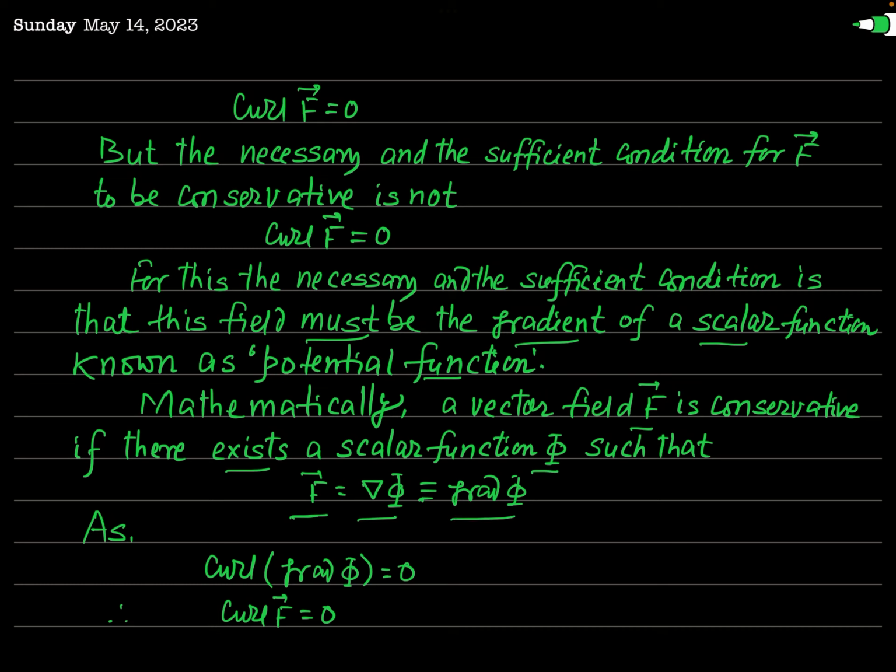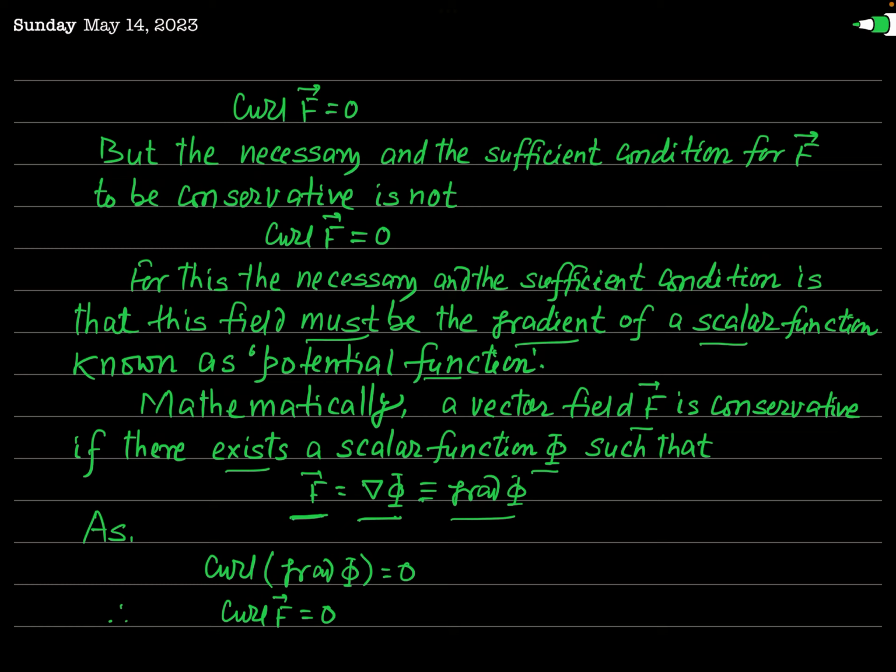It means a vector field f, if it can be expressed as a gradient of a scalar function or a scalar potential, only then you can say that vector field f is a conservative vector field.